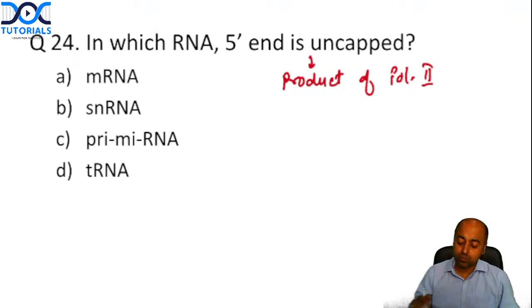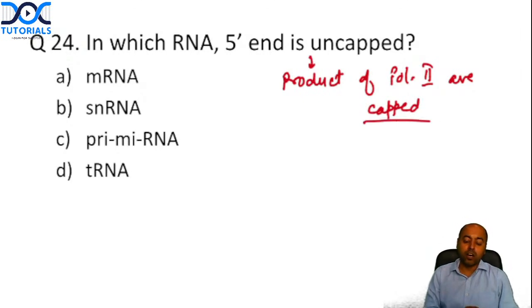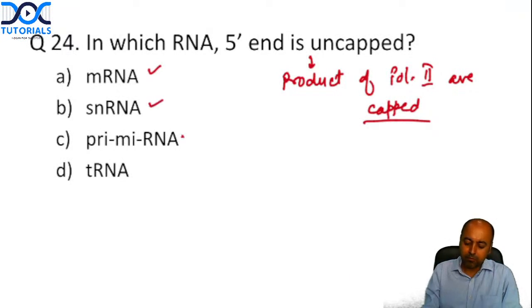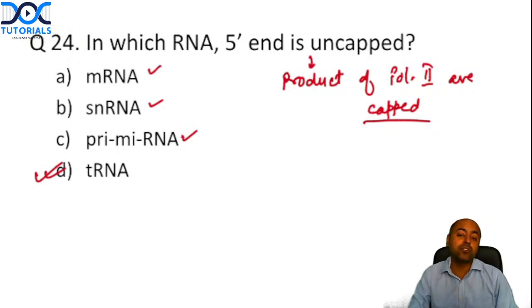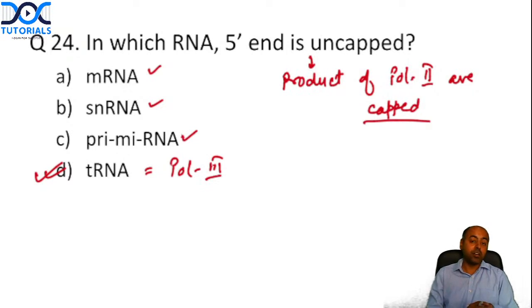All products of polymerase 2 are capped, meaning messenger RNA capped, snRNA capped, primary microRNA capped. The transfer RNA, synthesized by polymerase 3, will be uncapped.